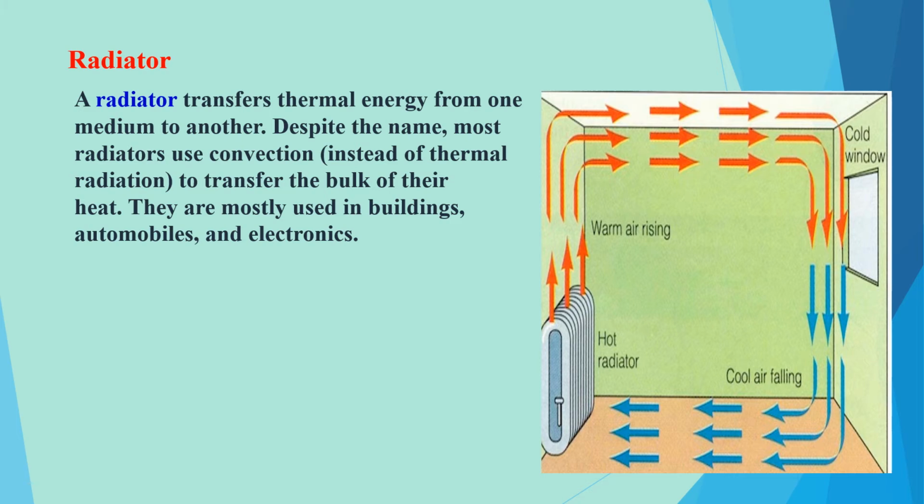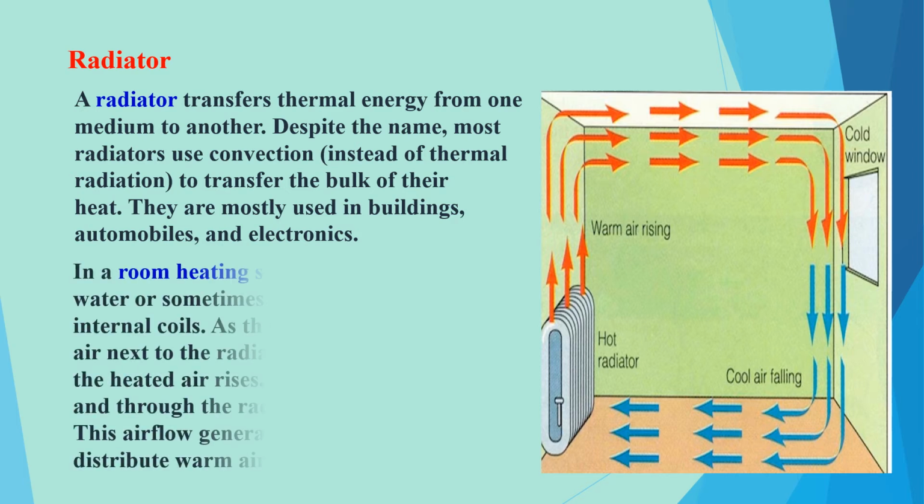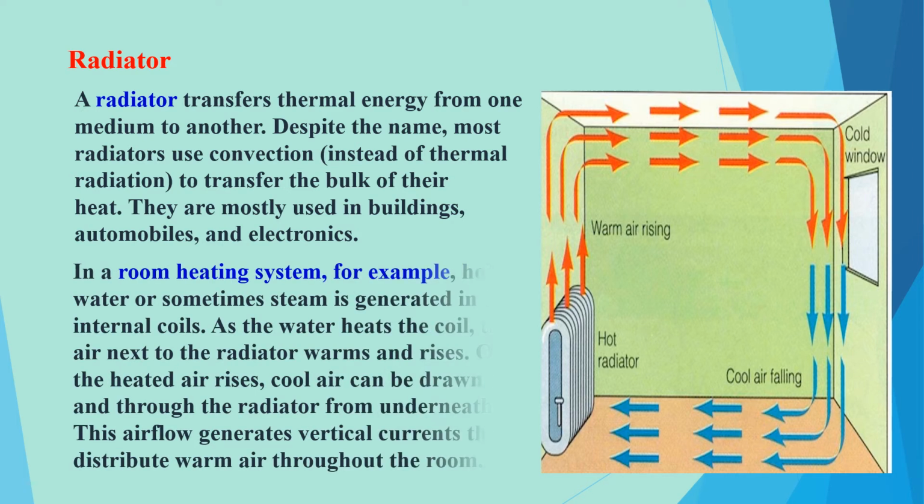In a radiator, a radiator transfers thermal energy from one medium to another. Despite the name, most radiators use convection instead of thermal radiation to transfer the bulk of their heat. They are mostly used in buildings, automobiles, and electronics. In a room heating system, for example, hot water or sometimes steam is generated in the internal coils.